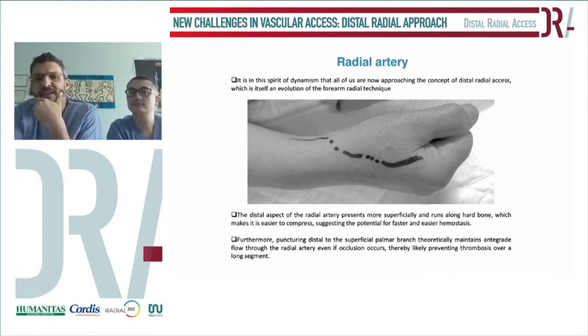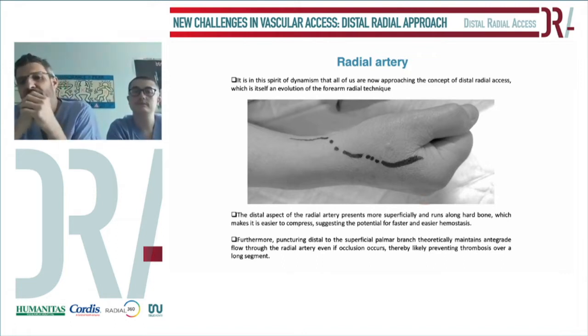First of all, the course of the vessel is more superficial and runs along hard bones. So in this case, it could be easier to compress the distal radial access, reducing even more the rate of vascular complication and leading to a faster hemostasis.